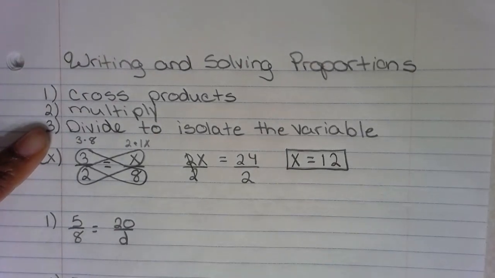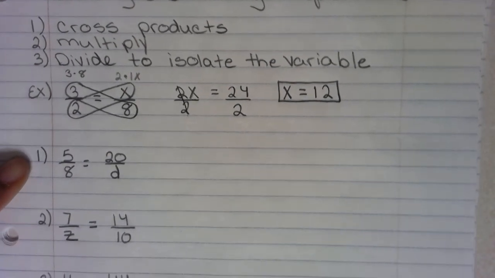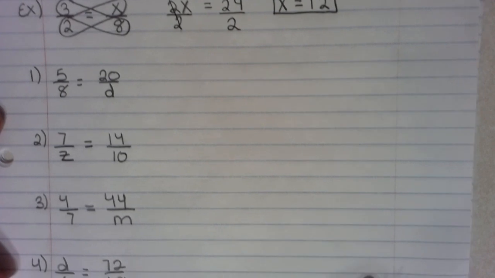That's your first example. So you have 4 examples where it says try it out. So we're going to go through those examples together. So you're going to use those 3 steps at the top of your page: cross products, multiply, divide. First, we're going to do cross products. Personally, I always like to do the cross products that has the variable.